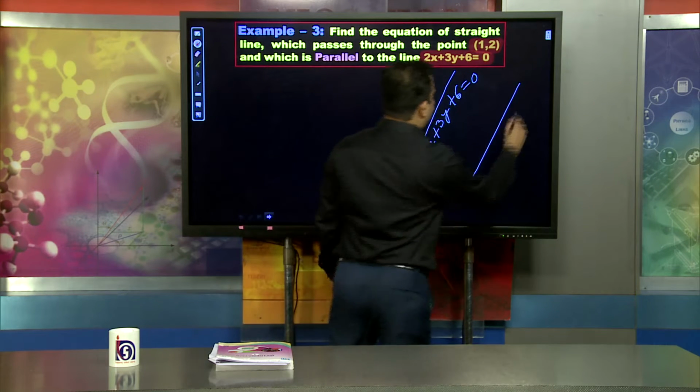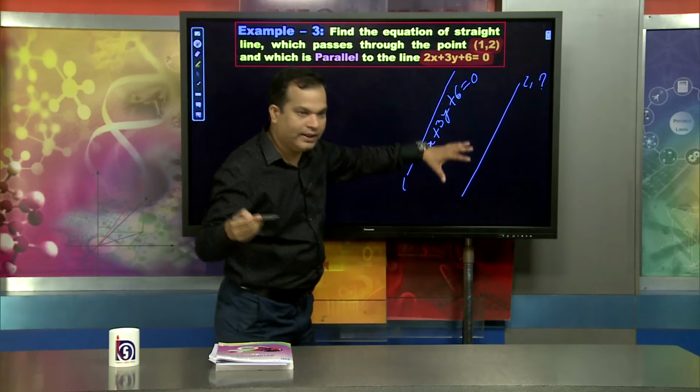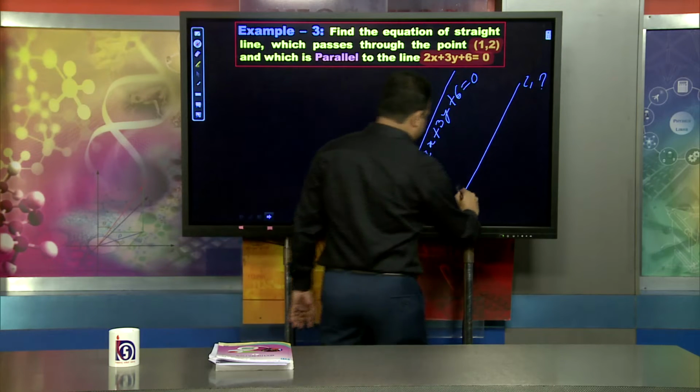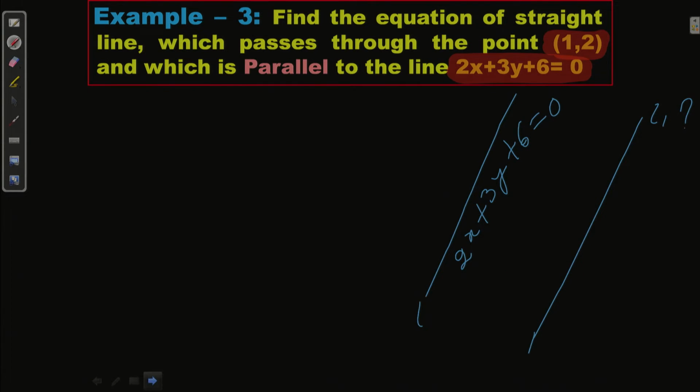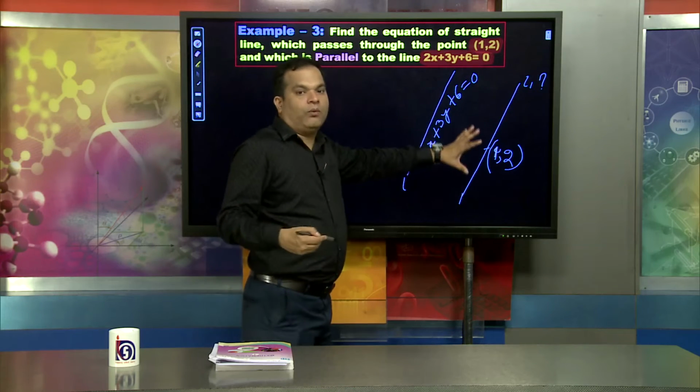We are going to find out the equation of L1, the other line. This straight line is passing through one of the points, suppose that point is 1, 2. What will be the equation of the straight line L1?